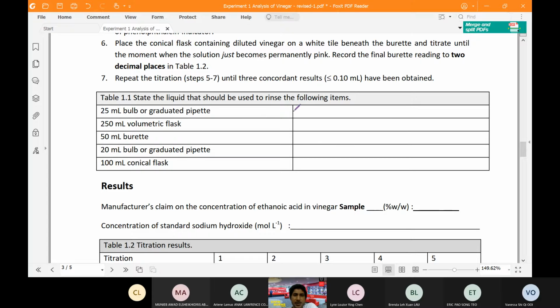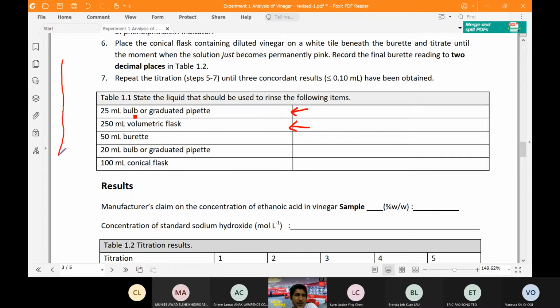Another thing: what liquid should you be using to wash this type of glass apparatus, bulb or graduated pipette? Have you ever seen a bulb or graduated pipette?